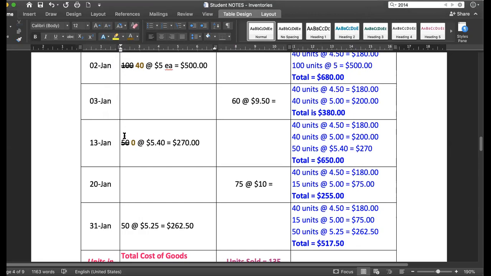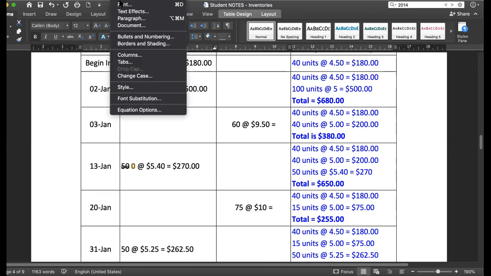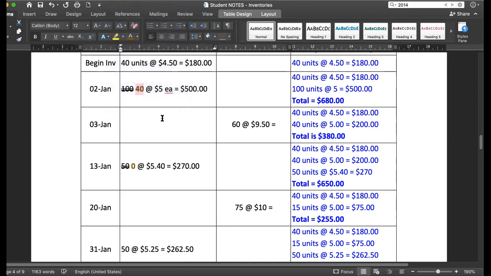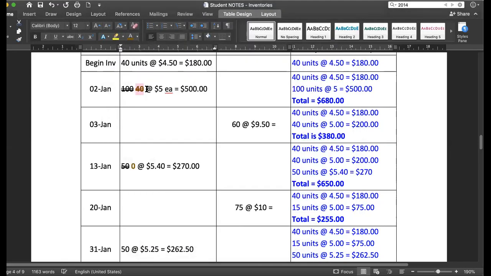But that's only 50. We've got to get to 75. So therefore, of this 40, we have to take away 25. So we have the total of 75. And that means then that of the 40, 25 were sold. And therefore, that will mean that 15 are left at the $5 price.